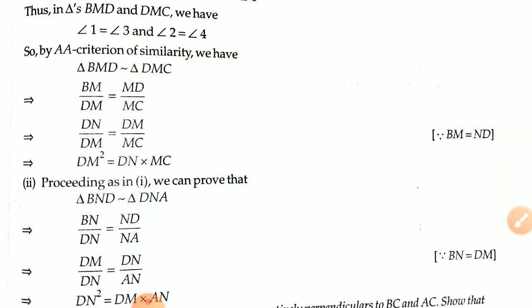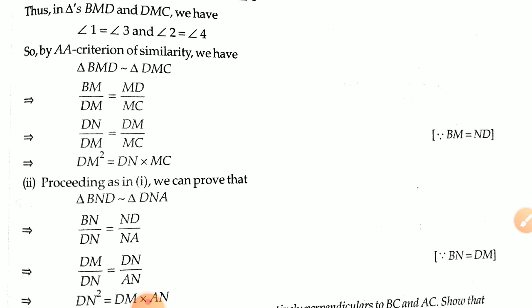After cross multiplication we get DM square equal to DN into MC.